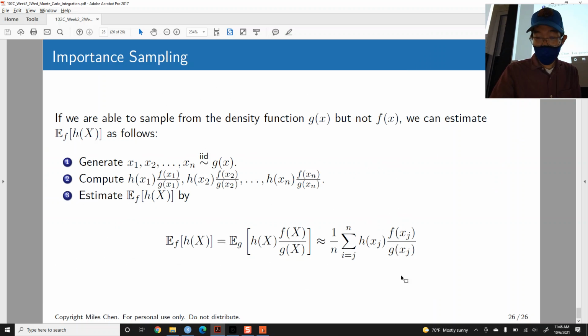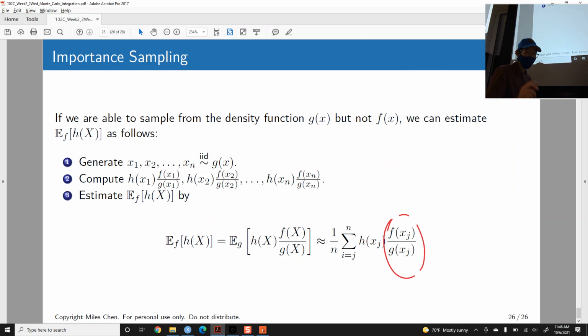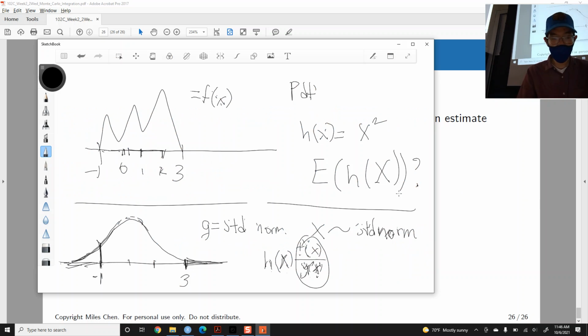And this term right here is basically a weighting factor. It says, when f and g are similar in size, that's great. But there are some places where f is much more likely to generate a value, and g is much less likely to generate it. In those cases, anytime you get one of those values, weight it heavily.